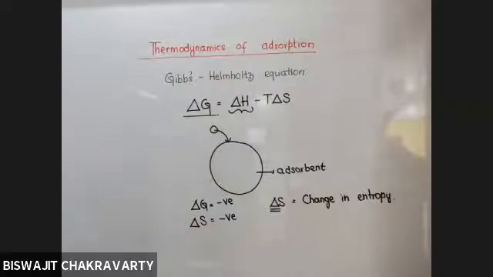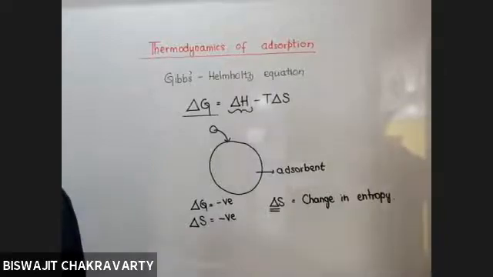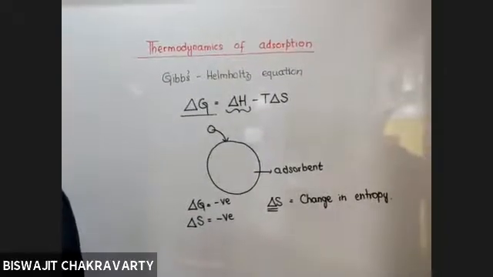Delta G will be negative, delta S will be negative. What should delta H be? Negative. Can you explain why delta H will be negative?